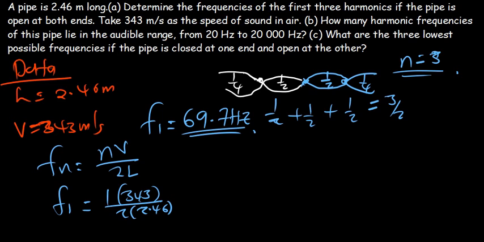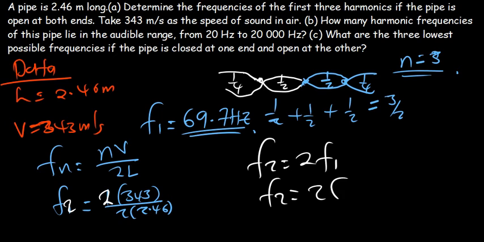For the second one, you can keep using the same formula. You just put 2 here, then for the third one, you put 3, because when it is open at both ends, n can be any natural number. But here I'm going to use this. So this will be now 2. The first one is 69.7. So the second fundamental frequency will be 69.7 times 2, which is 139.4.